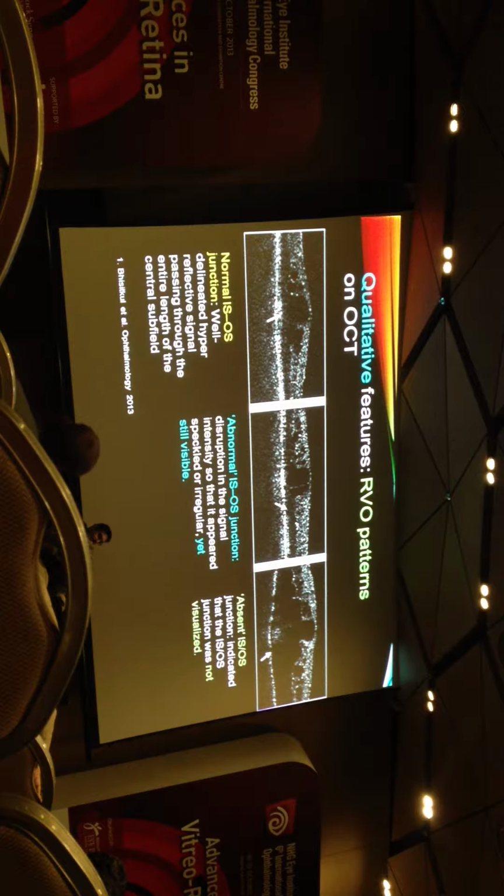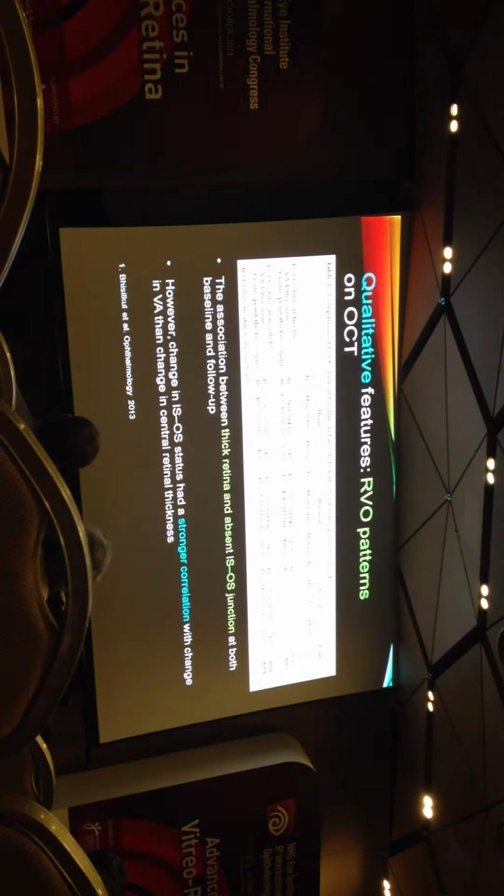So this has been looked at in retinal vein occlusion, whether it's normal, abnormal, that means there's still some signal but it's speckled or irregular, and another where it's not visualized. In this particular study, they found that both the VA score as well as the central point thickness tended to vary.